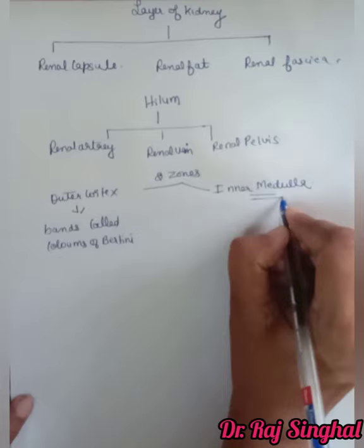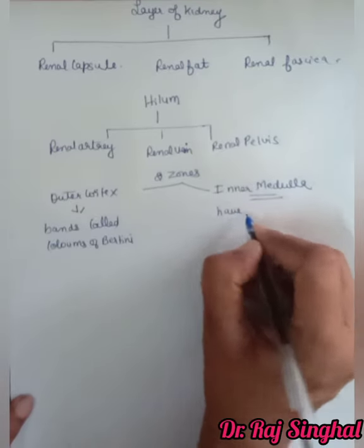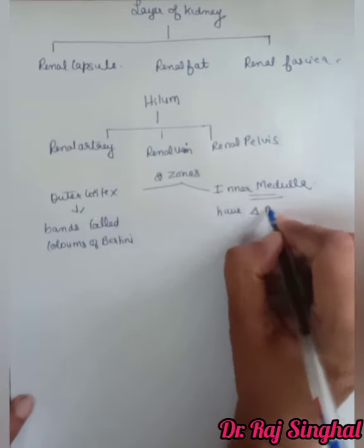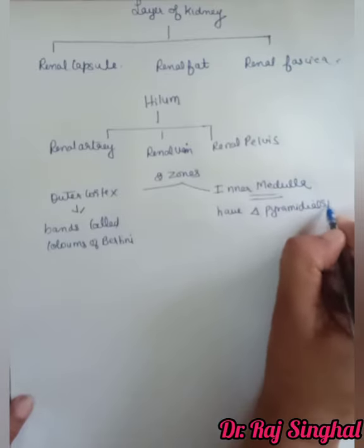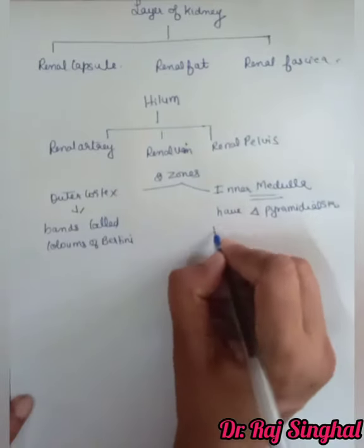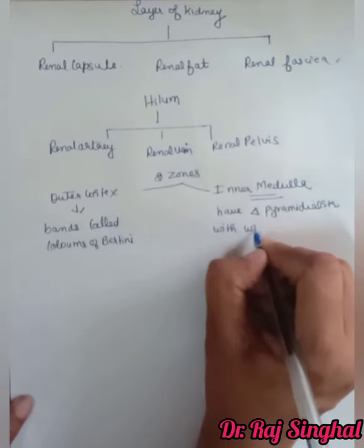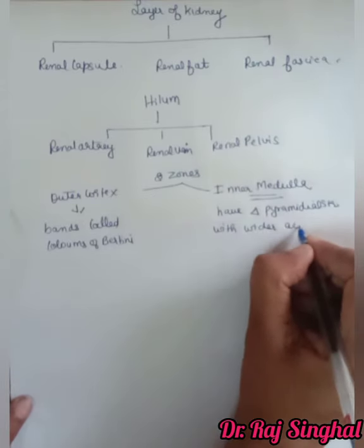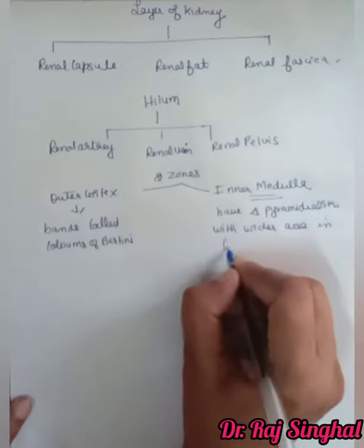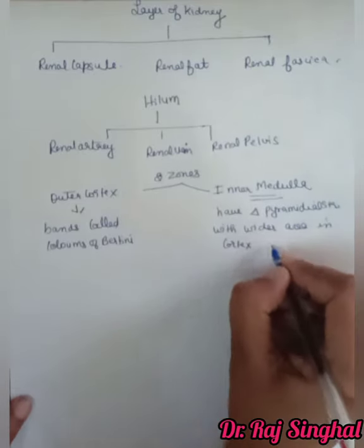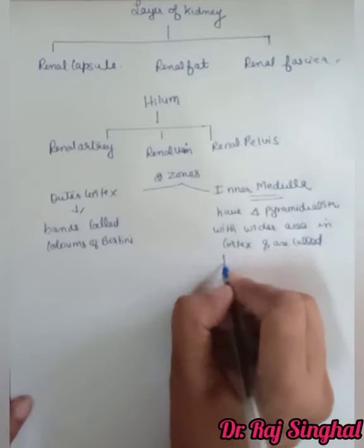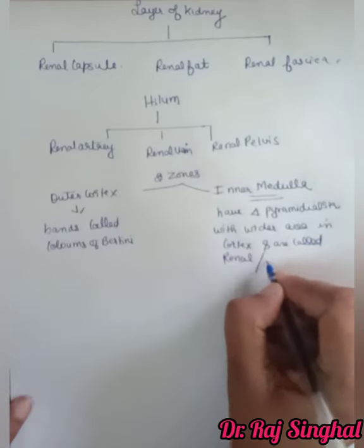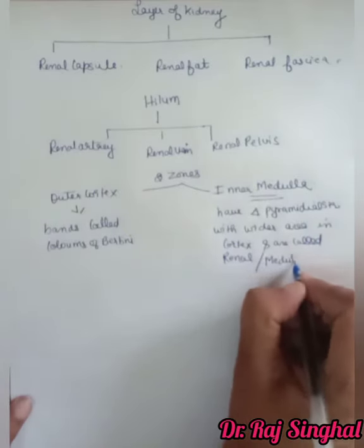Actually, the inner medulla has triangular pyramidal structures with a wider area in the cortex, and they are called renal or medullary pyramids.